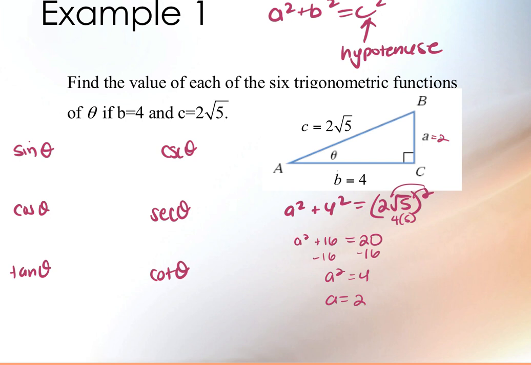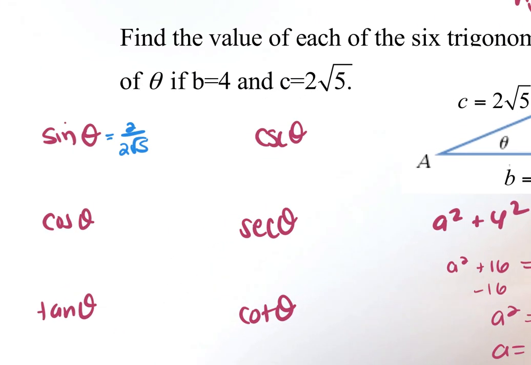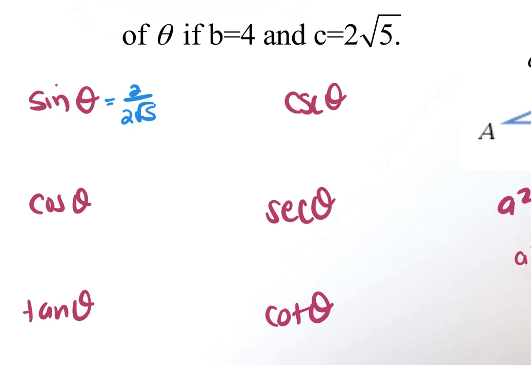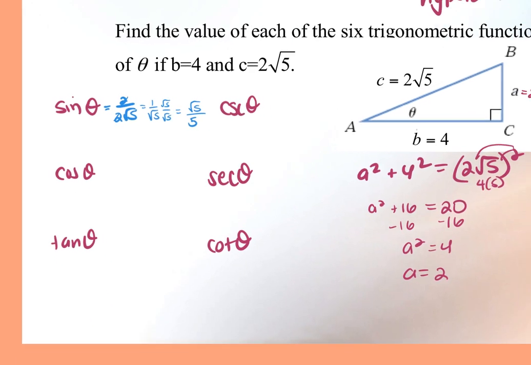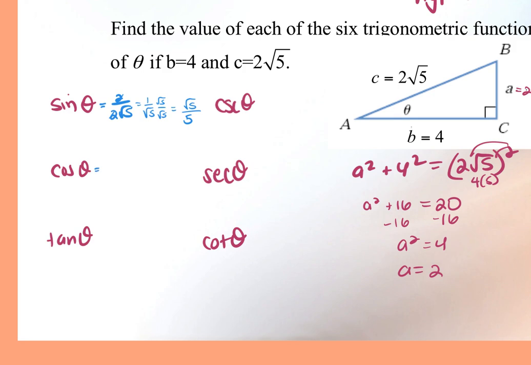So sine is opposite over hypotenuse, 2 over 2 root 5. What happens to my 2's? They cancel and I get 1 over root 5. Can I leave it like that? Nope, we rationalize. Multiply top and bottom by root 5 and I get root 5 over 5. Cosine is adjacent over hypotenuse, so 4 over 2 root 5.